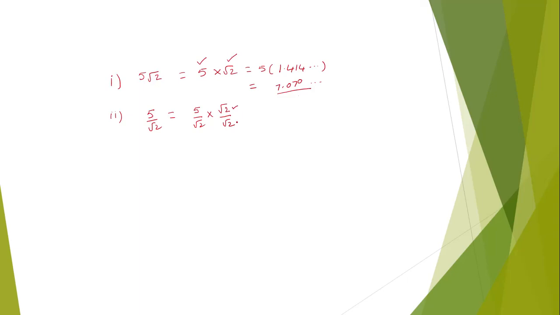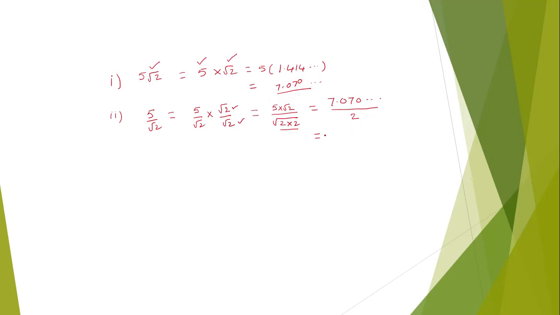In the numerator, 5 into root 2, and in the denominator, root 2 into root 2, that means 2. What is the value of 5 root 2 we got in the previous multiplication? 7.070 etc.